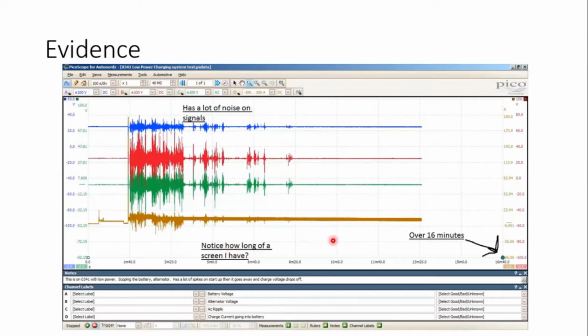Also, see how long of a screen I got here? I'm over 16 minutes, and it'll go even longer than that. This scope is amazing. So anyway, notice all the noise on these signals. That's not good at all. We have a problem here.